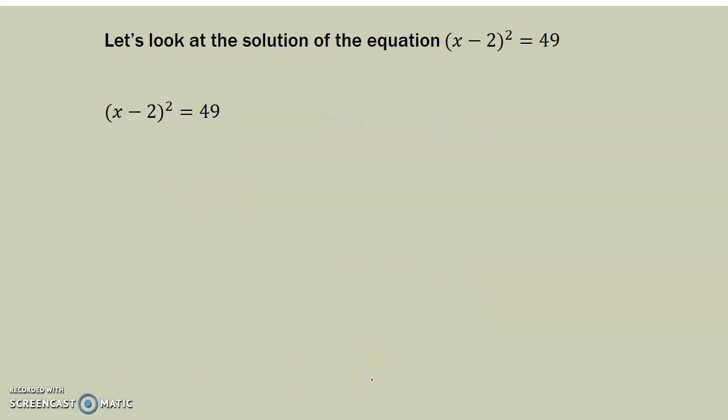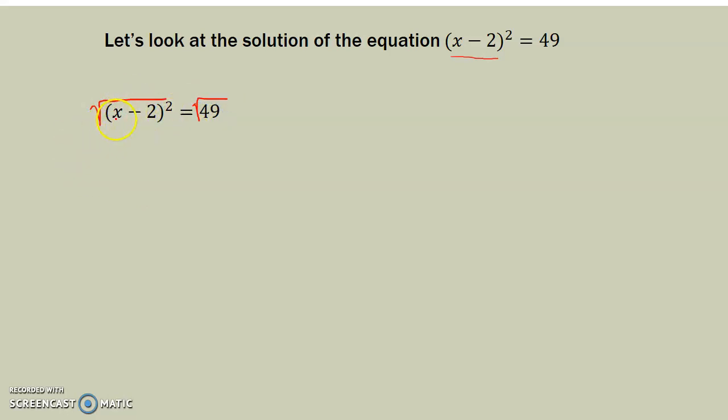All right, let's look at this equation. Now this one's a little bit different. But since I have an expression squared here, I have x minus 2, that whole expression being squared, and that equals a constant, then we can solve this one by square roots too. So I'm going to take the square root of both sides.